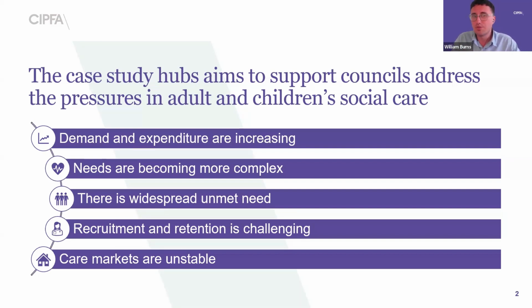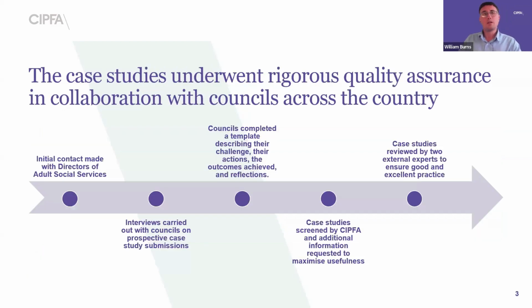And in children's social care, we know that the market is absolutely not functioning as well as it would if we had a properly functioning market. So that's setting some of the scene for why we wanted to share these case studies.